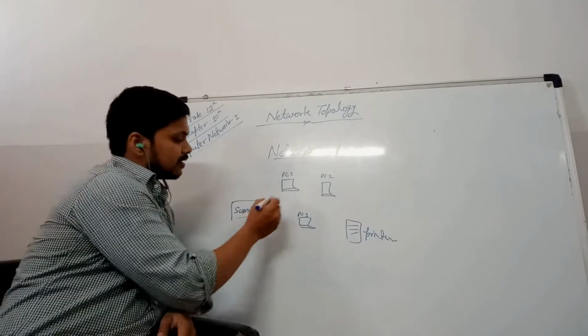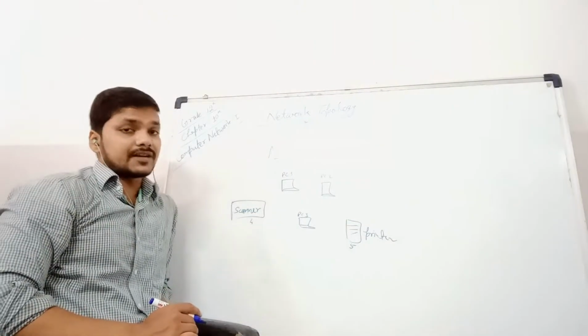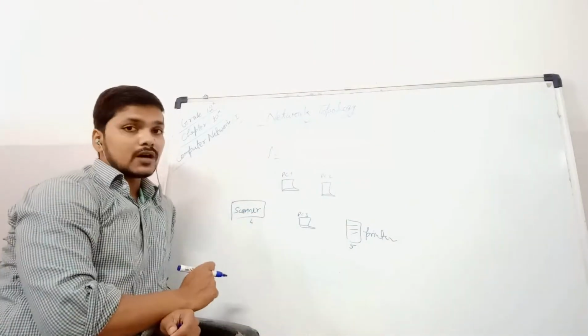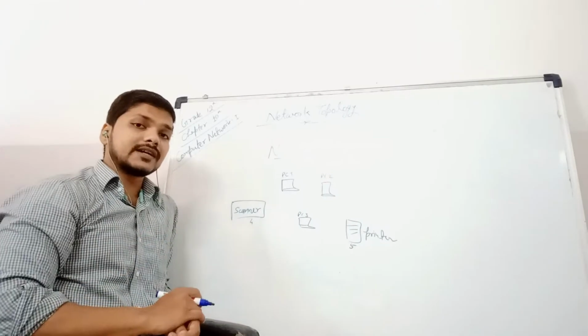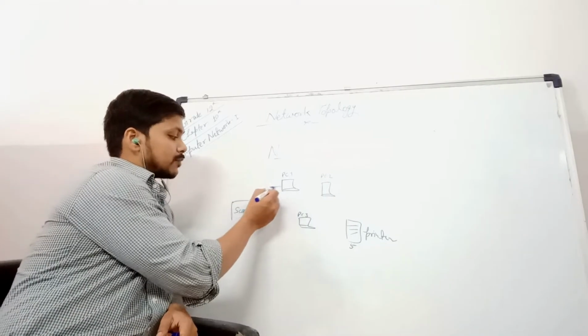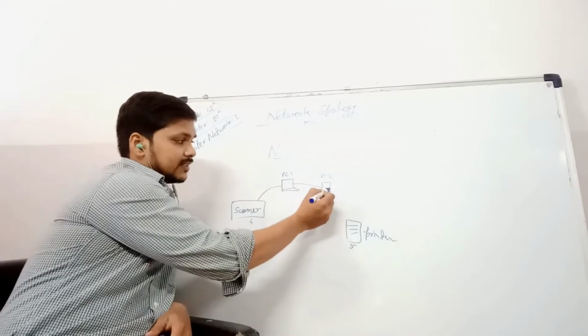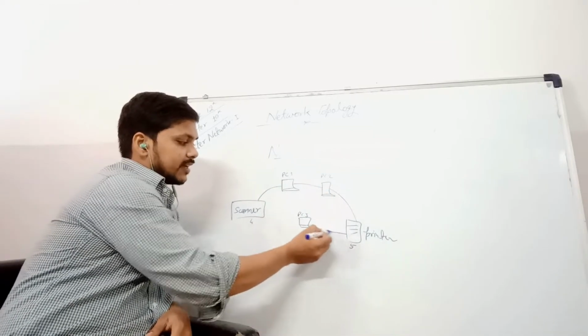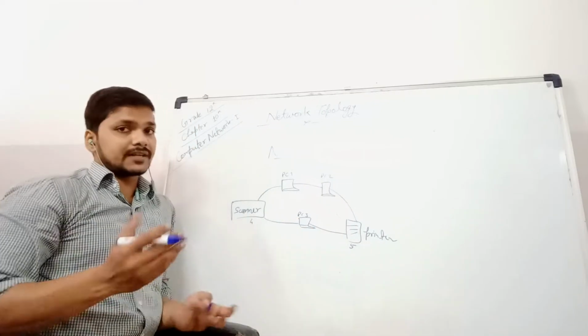Let us assume there are 4 and 5, five electronic devices here. If we want to connect these 5 devices with each other, how can we connect? We can connect one by one like this. Take a wire and just connect all the devices in a particular line. These all 5 electronic devices are connected.